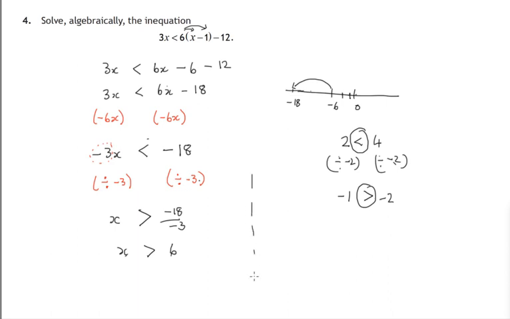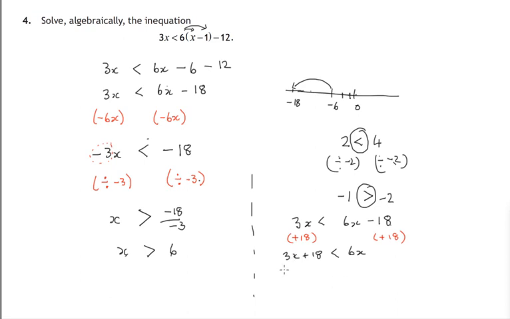Now there is an alternative way to solve this inequation, and that's at this stage to add 18 to both sides. And this time I'm trying to get the numbers on the left and the letters on the right. So this would be 3x plus 18 less than 6x, and that negative 18 disappears.